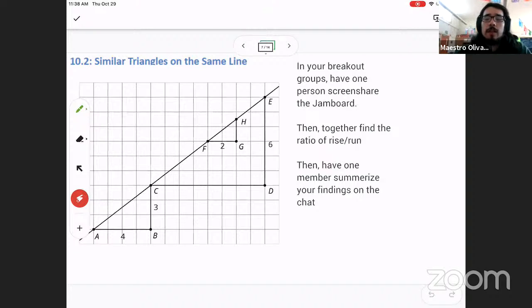I'm just going to tell you who's going to screen share, because in my last class, people were having issues, like nobody was stepping up to screen share. So if I say your name right now, you're going to screen share the PowerPoint in your group. In fact, let me give you that PowerPoint again.